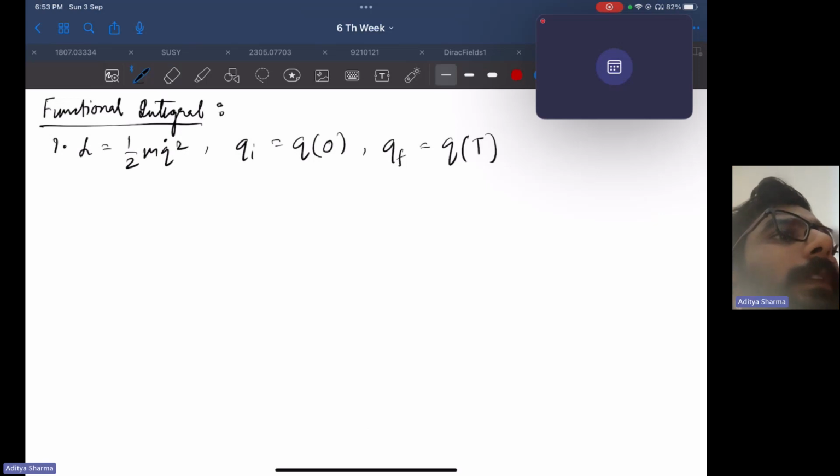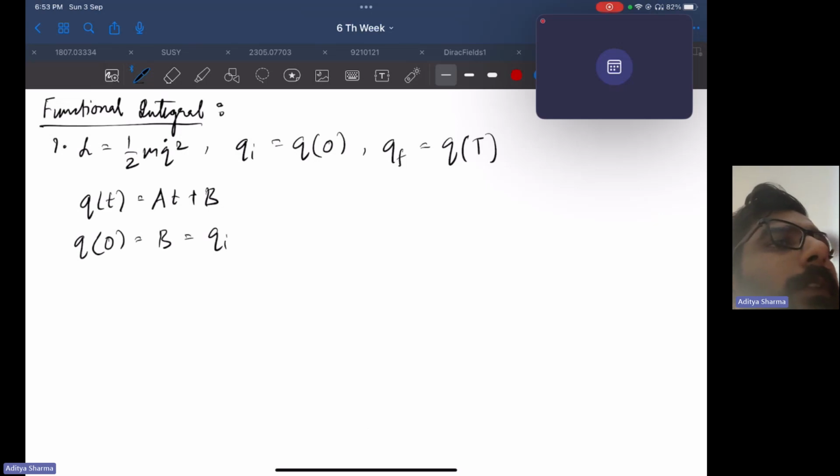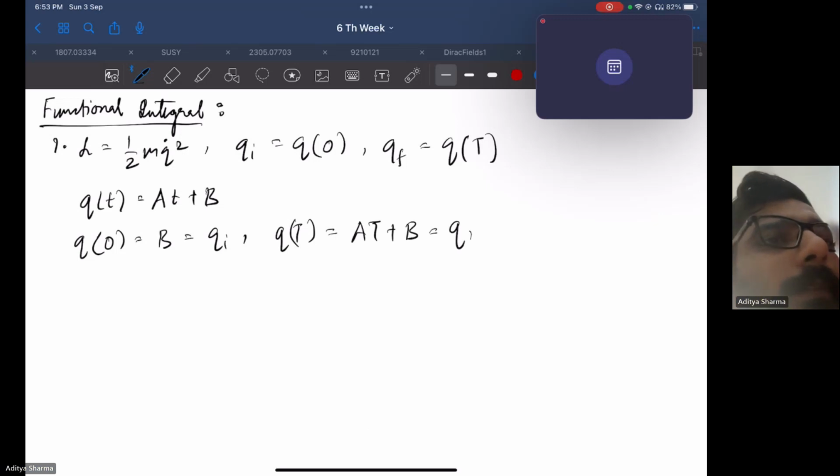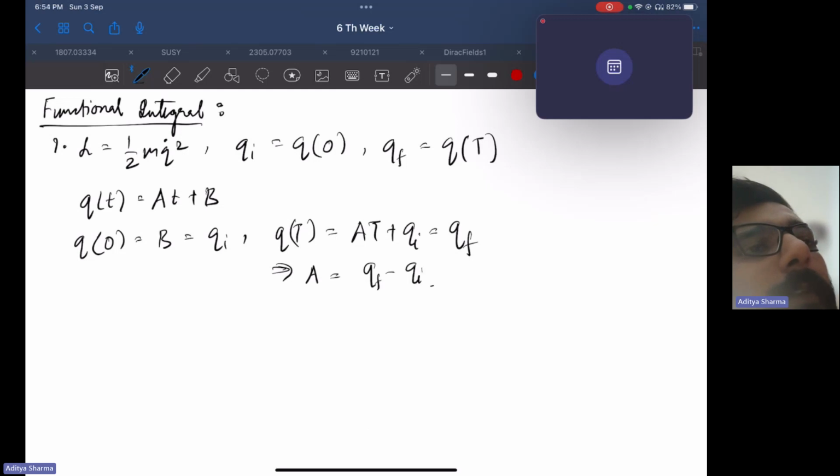Therefore the q of t is nothing but at plus b because this is a free particle, and q of 0 is b, which is qi, and q of t is at plus b is qf, which implies a is equal to qf minus qi by t.